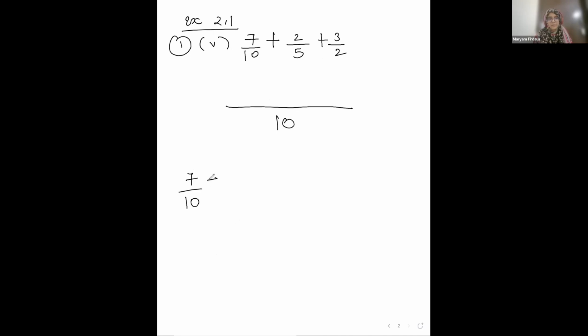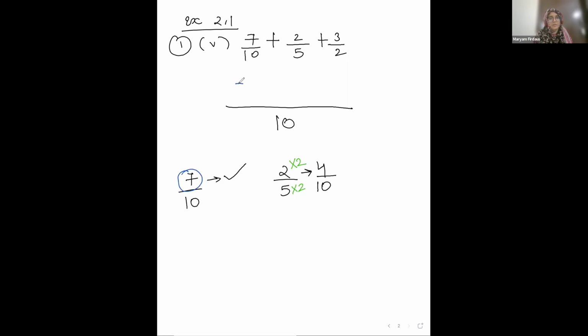So this is already 10. Now 2 by 5. How do you make it in such a way that the denominator is 10? You have to multiply it with 2. Multiply both numerator and denominator by 2. So 5 twos are 10 and 2 twos are 4. Yes, 4 by 10.